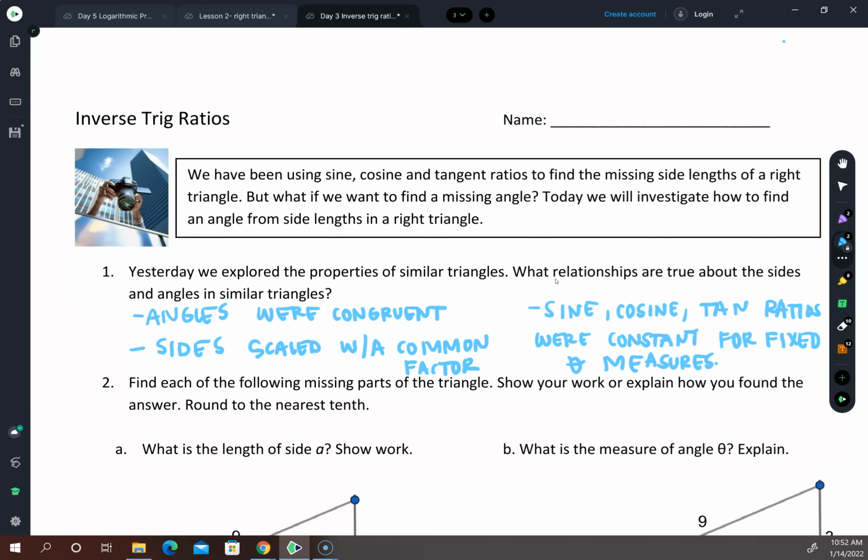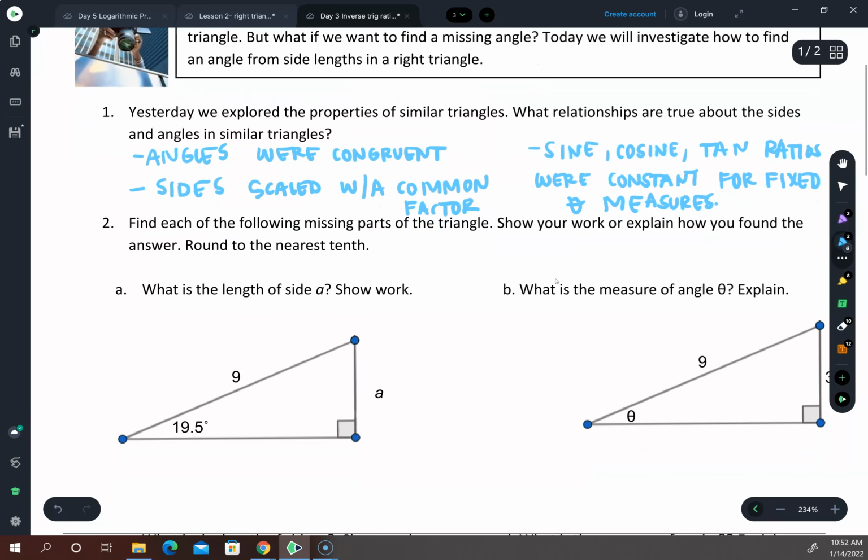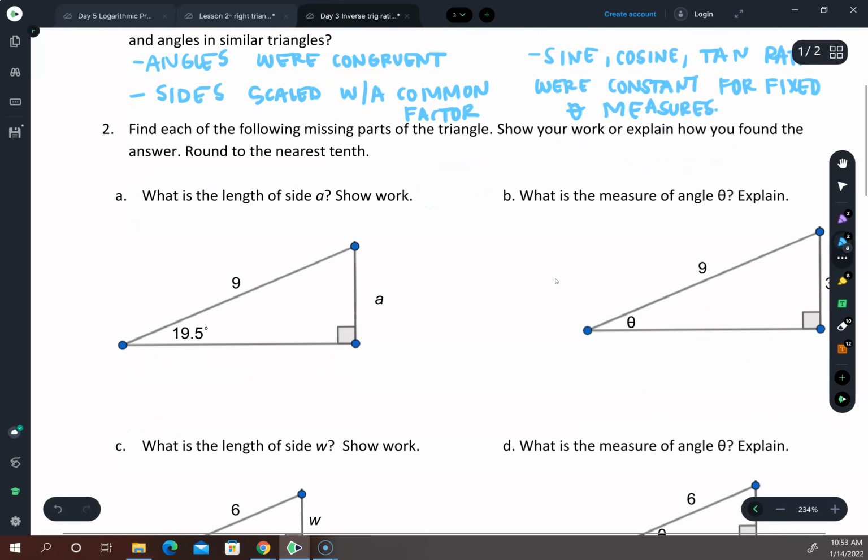Alright, so what about for number 2? It says find each of the following missing parts of the triangle. Show your work or explain how you found the answer. Round to the nearest tenth. What is the length of side A? So I know this angle here. I want to find the side that's opposite, and I know my hypotenuse.